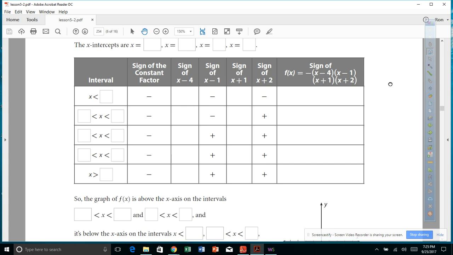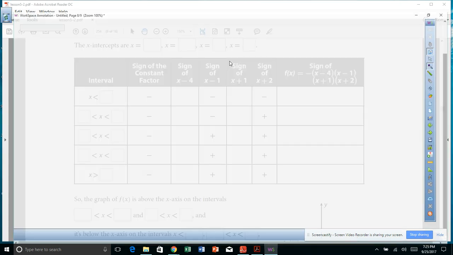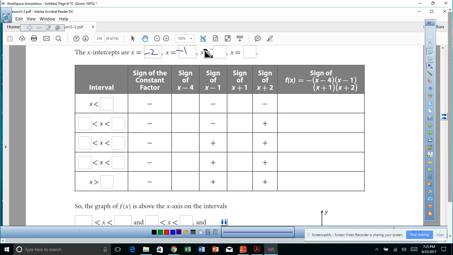So that was negative 2, negative 1, 1, and 2. So x is less than negative 2, and then it's going to go from negative 2 to negative 1, then from negative 1 to 1, from 1 to 2, and then it's going to be greater than 2. Or that wasn't 2, that was 4. That was 4.